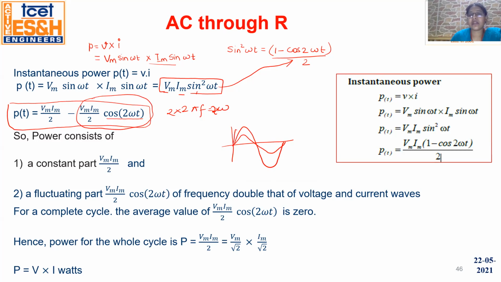So only this portion of power has double the frequency. It means it has a shape like this. So this portion and this portion for this particular half are cancelled by each other. That's why we always put this second part equal to 0.